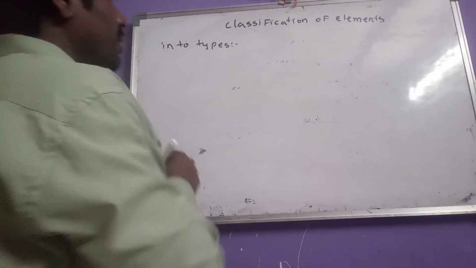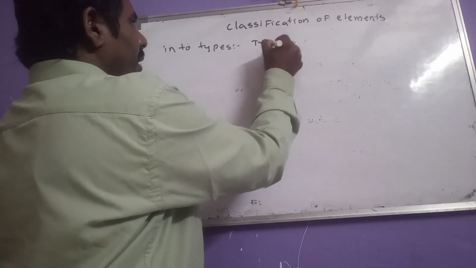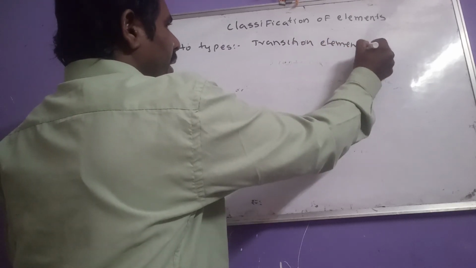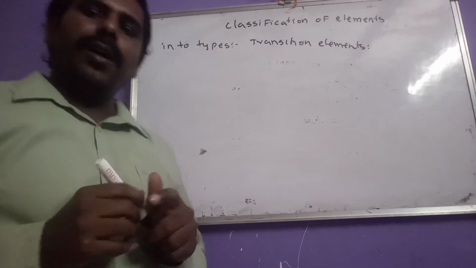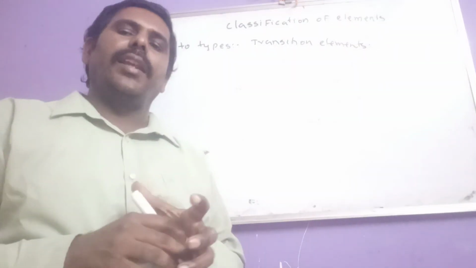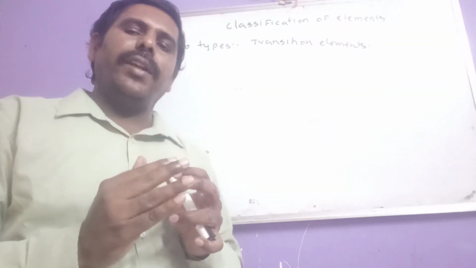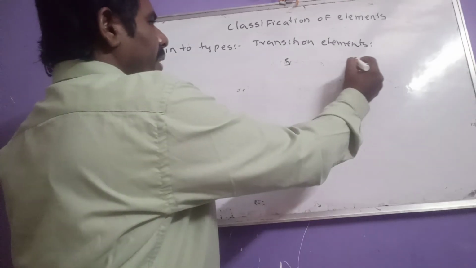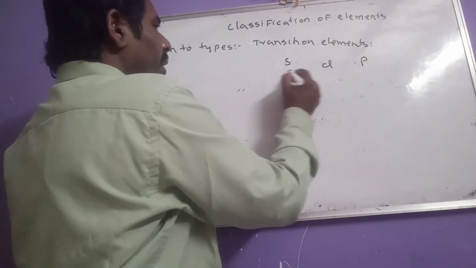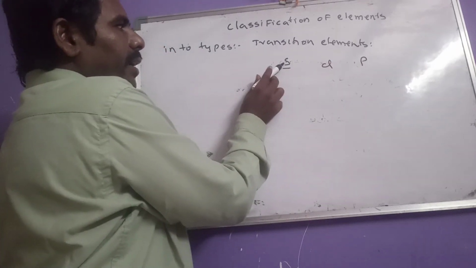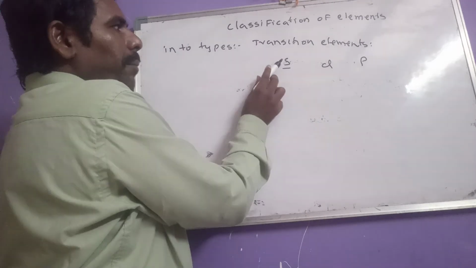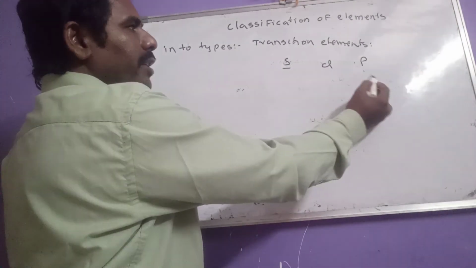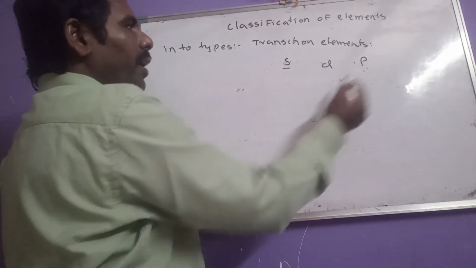Then come to another type of elements, transition elements. This is the most important one in this classification. D block elements are called transition elements. Why is that name given? D block elements are present in the periodic table in between highly electropositive metallic s block elements and highly electronegative non-metallic p block elements.